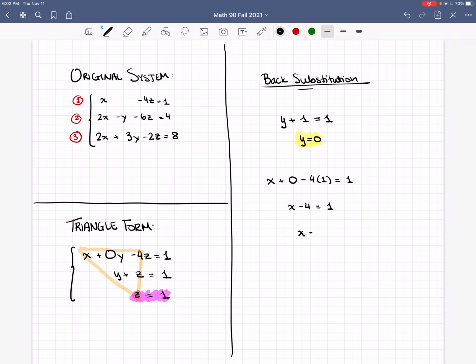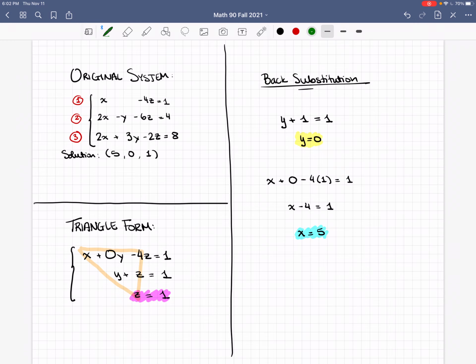So we add 4 to both sides, and we have that x is equal to 5. So it looks like the solution to my system is written as an ordered triple 5, 0, 1.